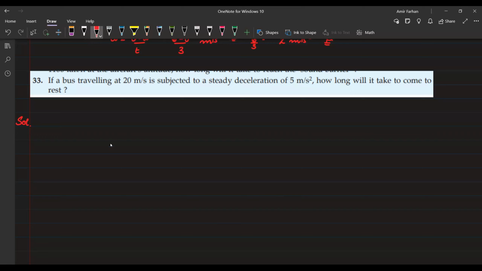Yes, it is initial because it is already moving since we started observing, so u equals 20 meter per second. Next is a steady deceleration of 5 meter per second square. Is it a positive or a negative acceleration? Sir, negative.